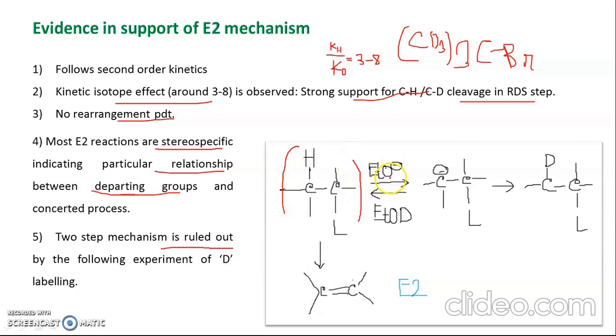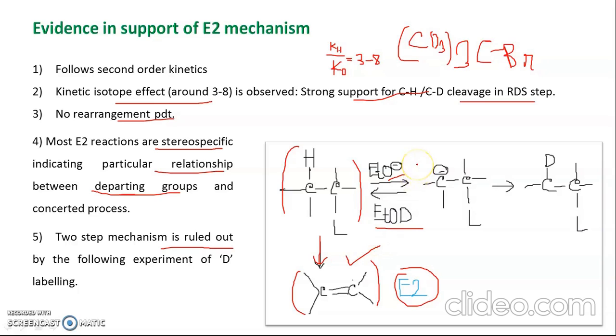Now you are using ethoxide ion in the presence of deuterated ethanol, that is EtOD. One arrow is downward, that is the E2 mechanism. If it is taking place, then you will get this molecule. But suppose you are doing this in the presence of EtO minus and EtOH, not the deuterated version, then you get this molecule.